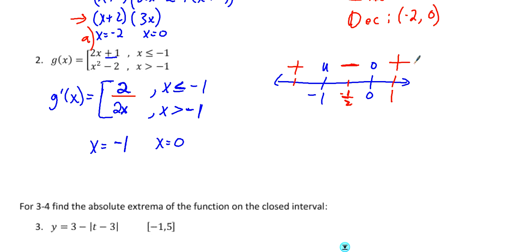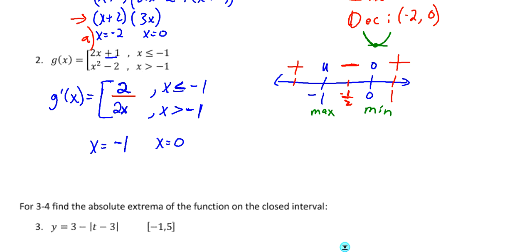So when we look at this, again, my horizontal tangent is here, and my function goes from decreasing to increasing. So this is a minimum. This one here, it goes from increasing to decreasing, so this is a maximum.